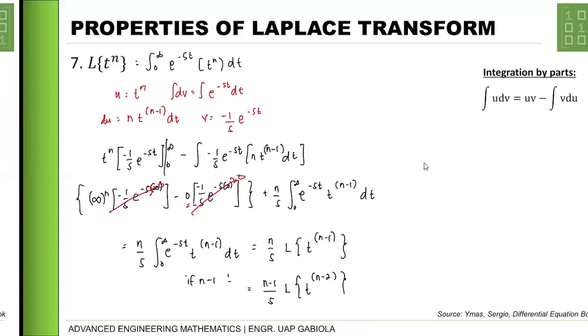So, decreasing siya, ibig sabihin. Okay? So, kung halimbawa kasunod natin, we try na if gagamitin natin is n minus 2. So, yung magiging ano nyo is n minus 2 over s, L, tapos magiging siyang L of t raised to n minus 3. Okay?